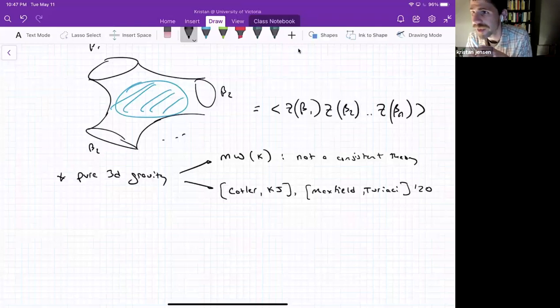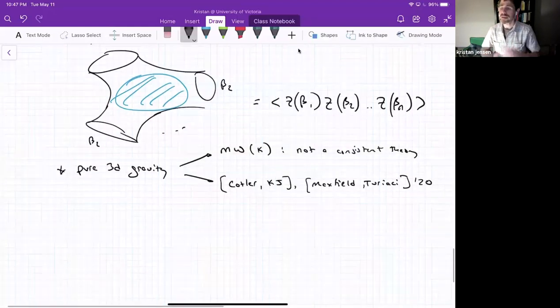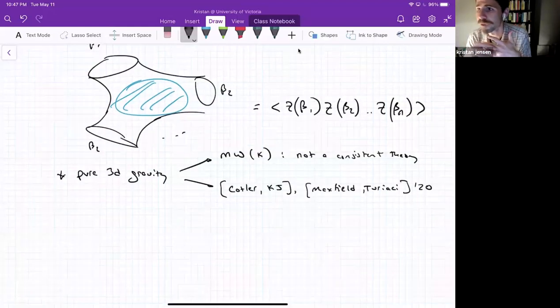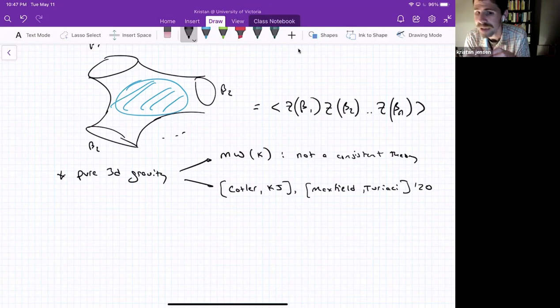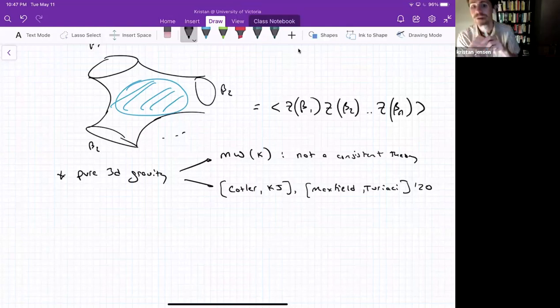And what Maxfield and Turiaci showed using a JT limit of 3D gravity is that if you sum over more complicated topologies than just something that has the topology of Euclidean BTZ or global AdS, those contributions are important near the spectral edge, and they can give you a positive density of states, thereby healing the unitarity. So maybe that's not such a big problem after all.